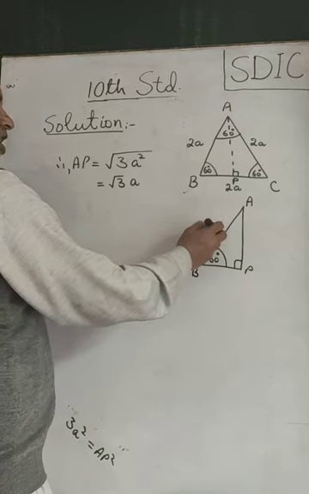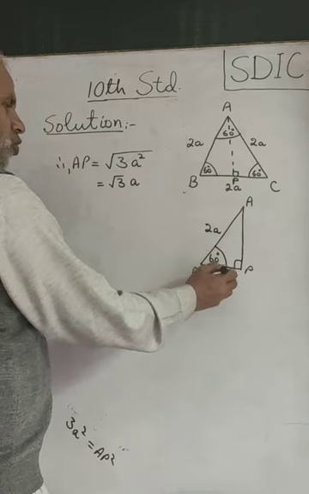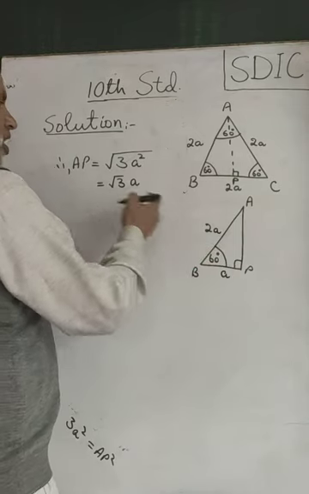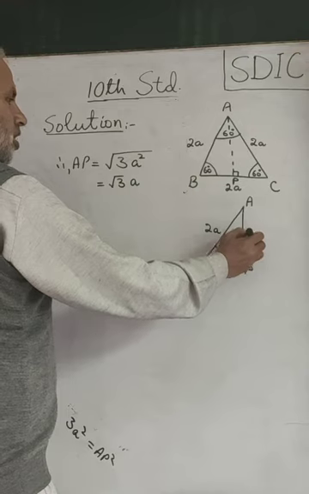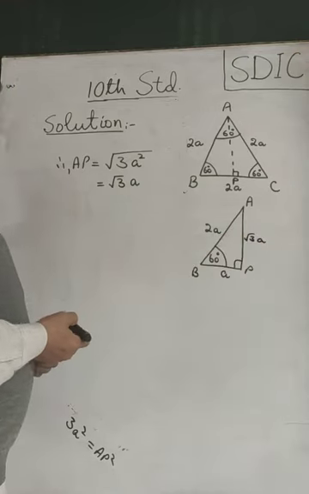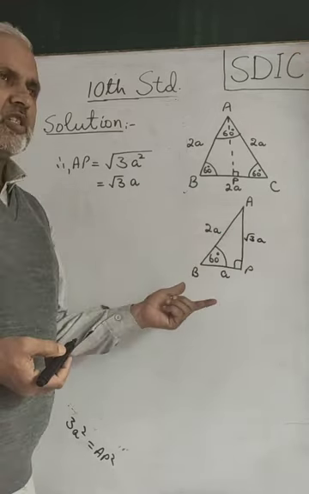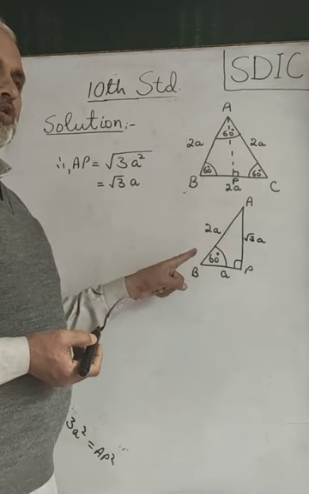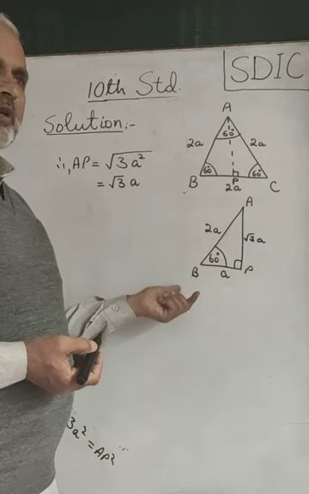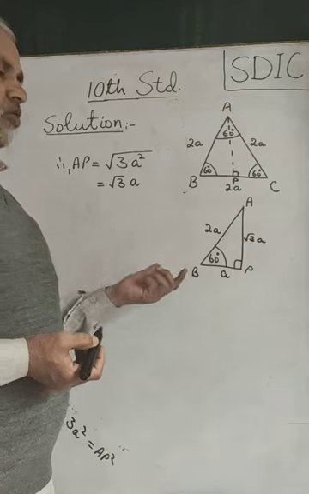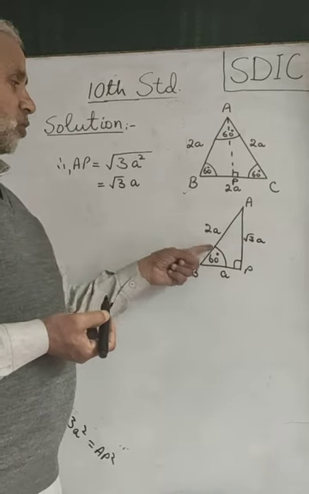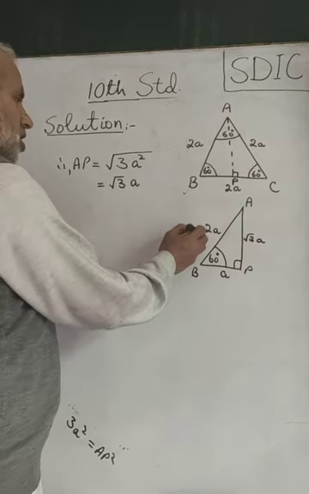This measurement we have 2A, this measurement we have shown is A, and AP we have shown under root 3A. And then what we used to do in the previous exercise, with respect to the angle chosen, we used to decide which is perpendicular, which is base. Hypotenuse, of course, we know is the side opposite to 90-degree angle. So therefore this is hypotenuse.